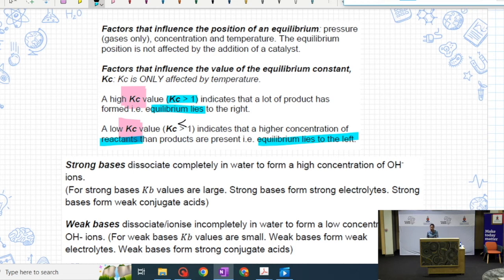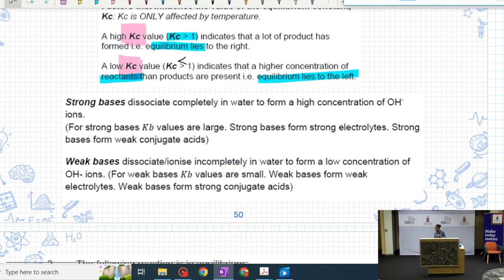Kc has a meaning. We don't just ask you guys to do calculations because we're bored. It tells you whether we have a lot of reactants or a lot of products once equilibrium has been established. You can again relate this to acids and bases. If you're looking at the Kb value, or the Ka value, same thing.